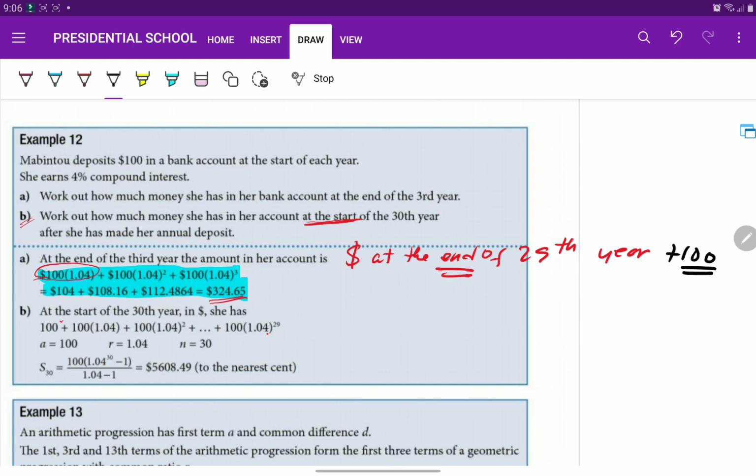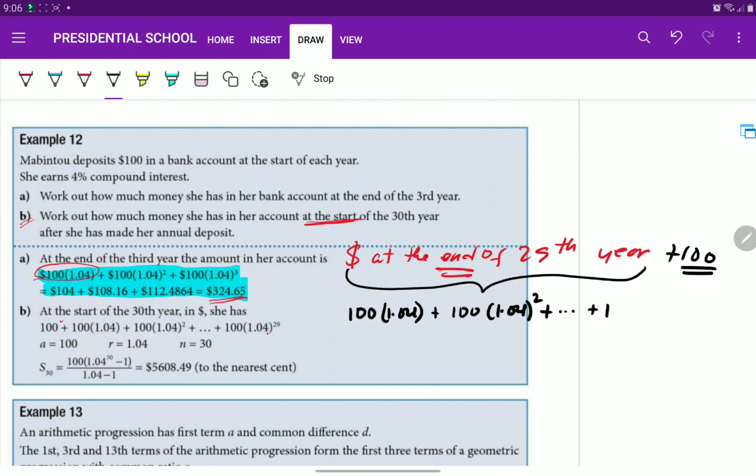And what is this one again? Remember, that is at the end of the first year, that's 1.04. At the end of the second year, plus 100 times 1.04 squared, plus until at the end of the 29th year. So this is the money at the end of the 29th year.